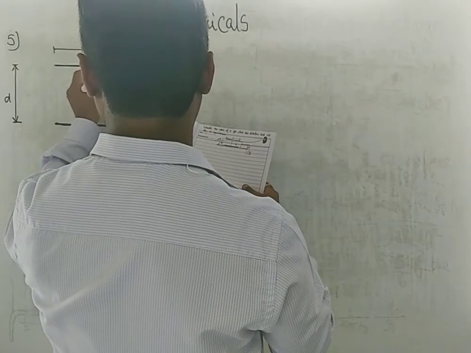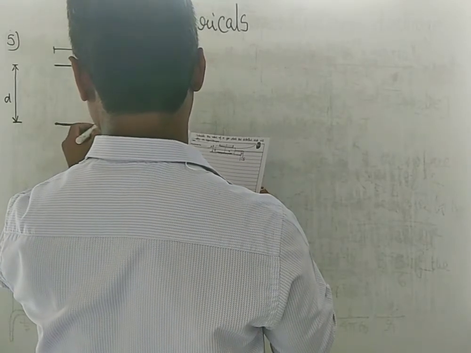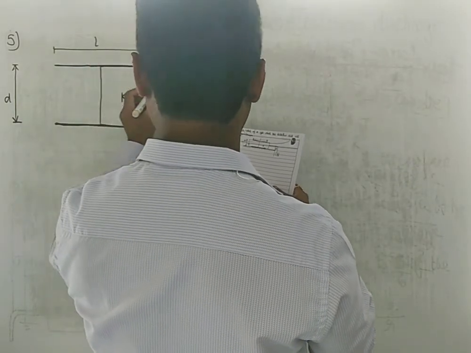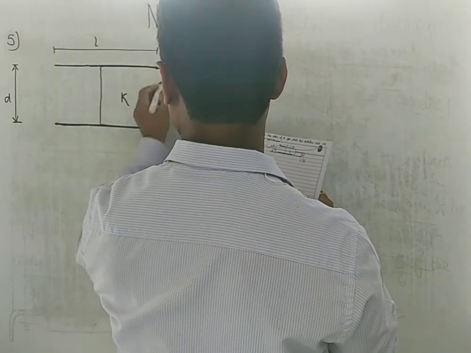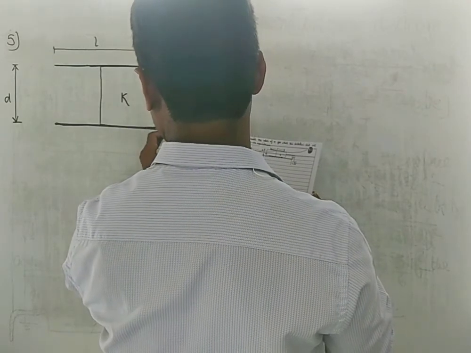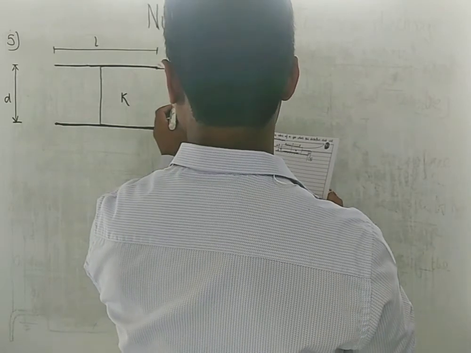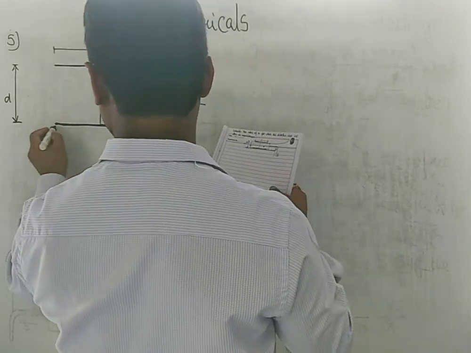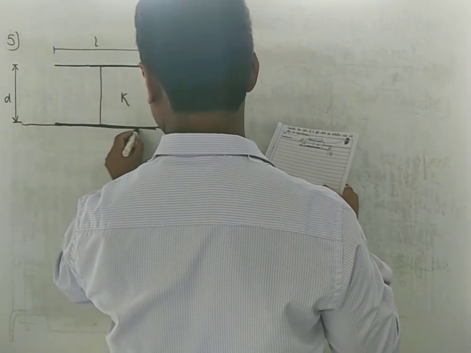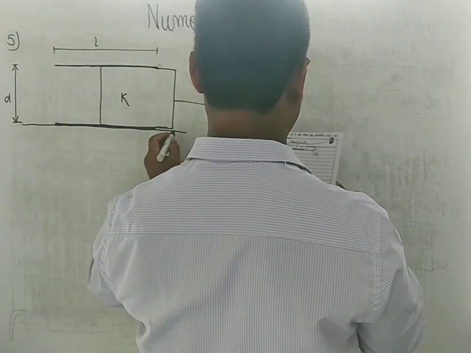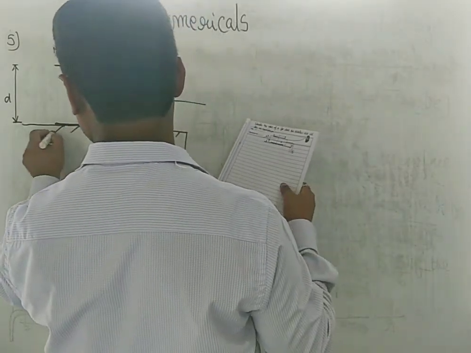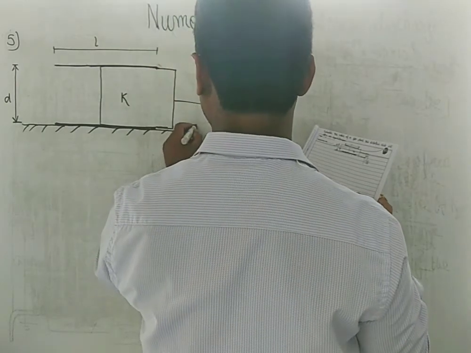Here a dielectric slab of dielectric constant K is there, and this dielectric slab is further connected to, suppose, the table, the corner of which has a pulley.